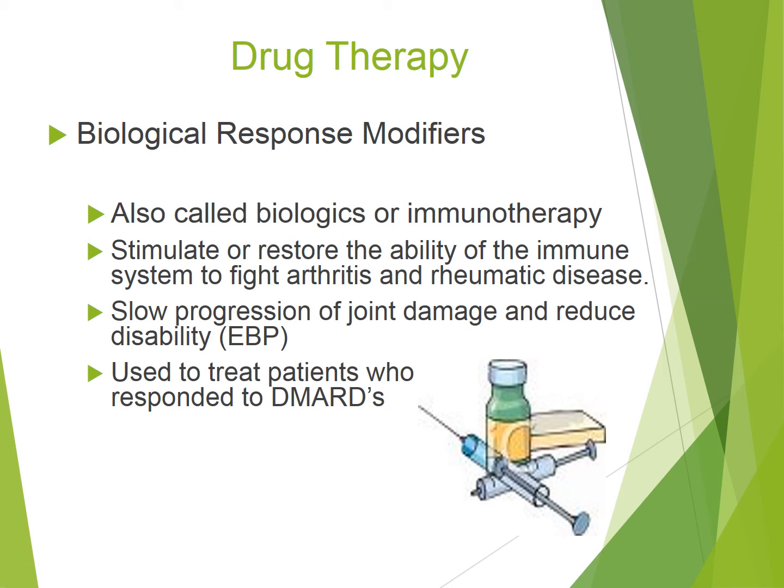They are given to people who have had rheumatoid arthritis for a longer period of time. Okay, these aren't the first things that I'm going to give to my patients. We also use these for patients who, and I missed a word in here, this should be used for patients who have not responded to DMARDs. Okay, I just looked at that and said, oh, I missed something. They have not responded to DMARDs.